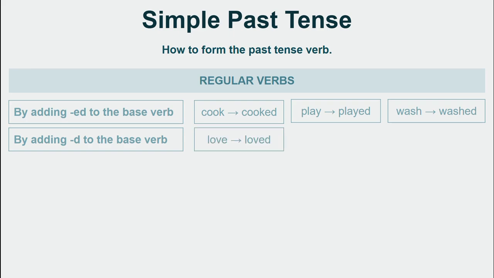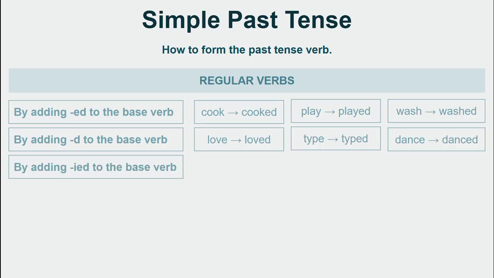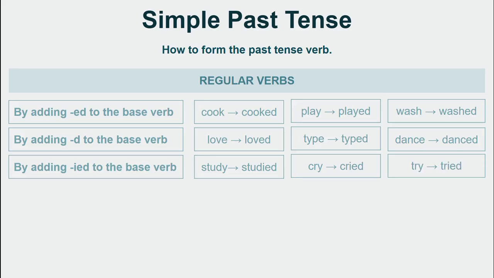Love, loved. Type, typed. Dance, danced. By adding ied to the base verb. Study, studied. Cry, cried. Try, tried.